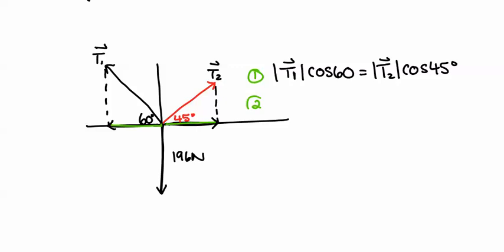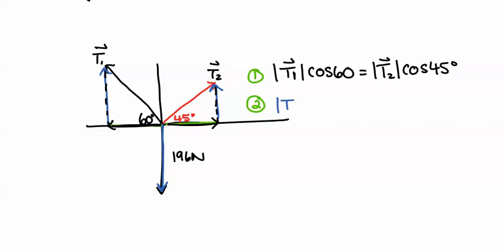And then another equation that we could create is a little bit more confusing. We know the vertical components have to add up to 0, so this force pulling up and this one, if we add those together, should equal our 196. Remember how we do our vertical ones?